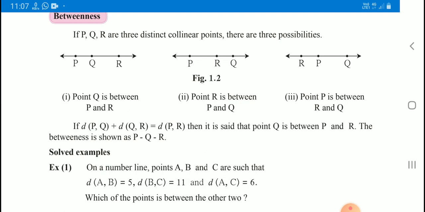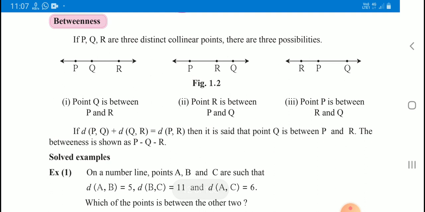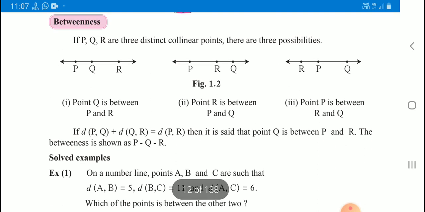Here in the first figure you will see that point Q is in between P and R, means you can say P-Q-R. In the second figure point R is between P and Q, so P-R-Q, and in the third figure point P is in between R and Q, so R-P-Q.